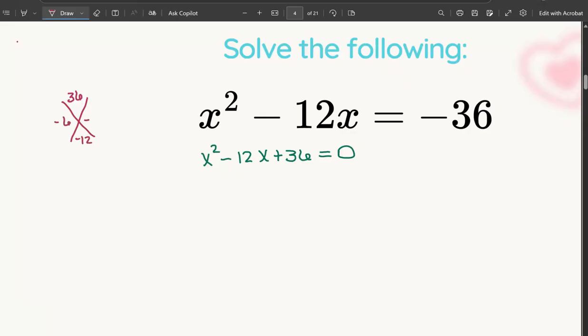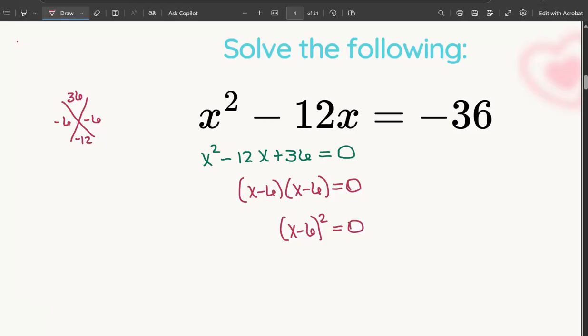And I know those two numbers are going to be x minus 6, x minus 6. And so I can rewrite this as x minus 6 times x minus 6, or I can rewrite that as x minus 6 squared.